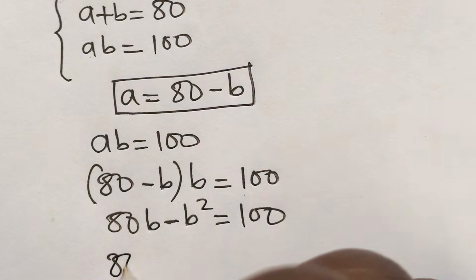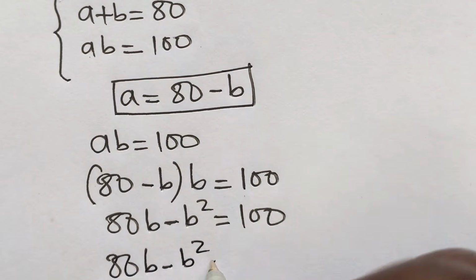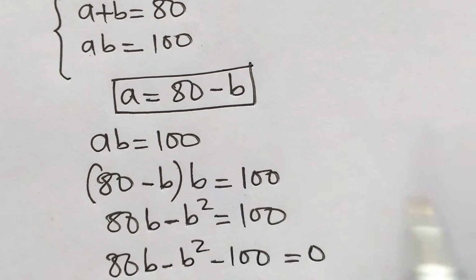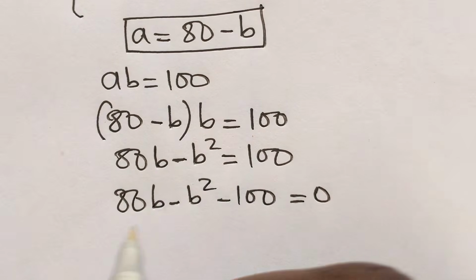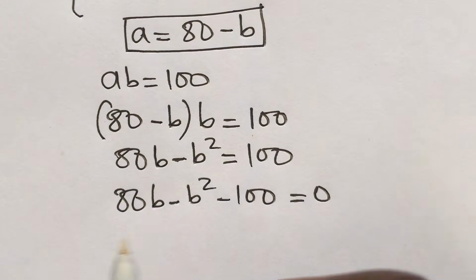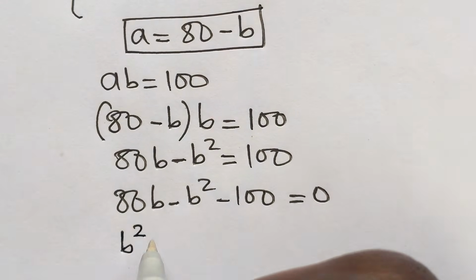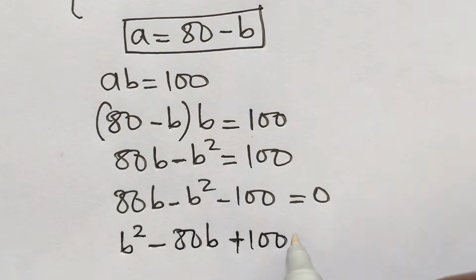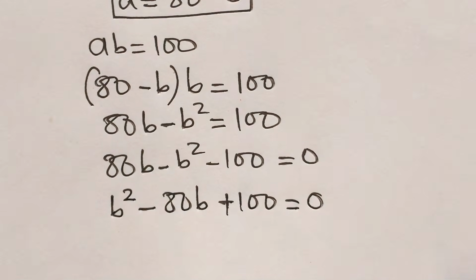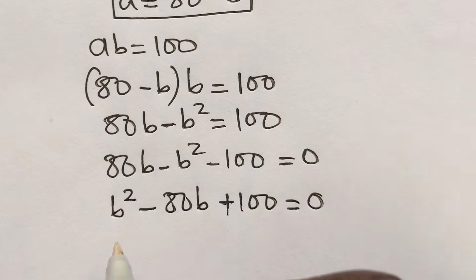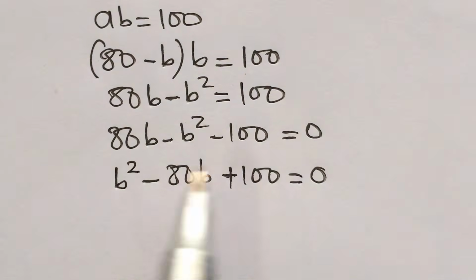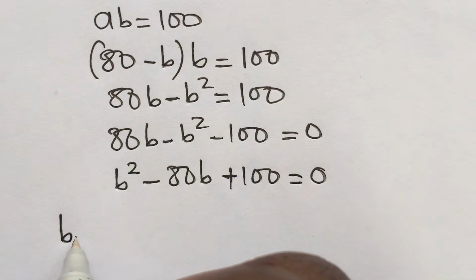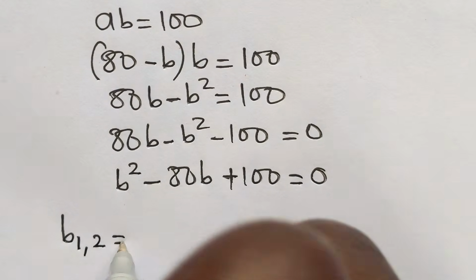Then 80b minus b squared minus 100 equals 0. By rearranging and dividing by negative on both sides, we write b squared minus 80b plus 100 equals 0. And this is a quadratic equation where we are going to find b1 and b2.